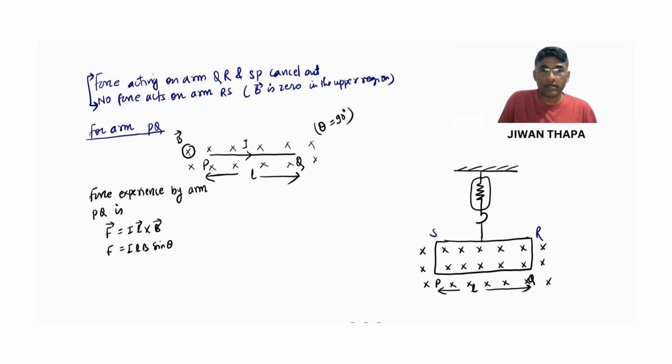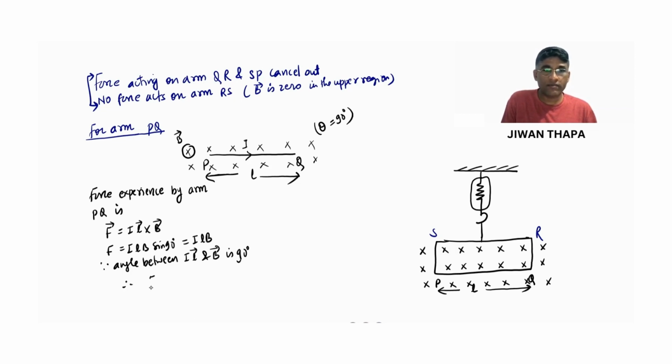We can write in this way. Let me write directly. Okay. Since angle between current element and magnetic field is 90 degrees, therefore we can write in this way.